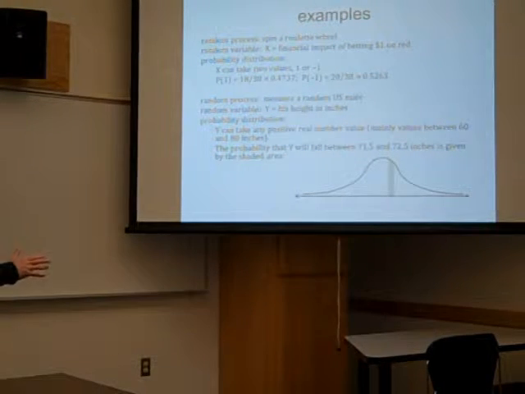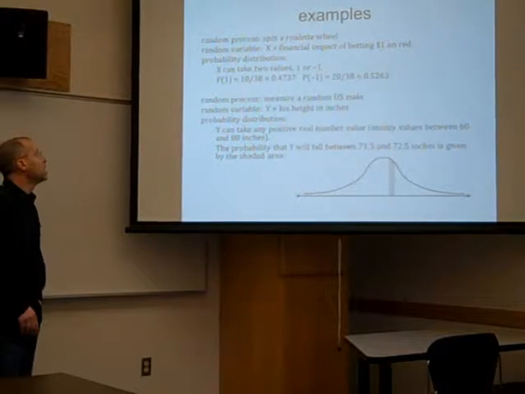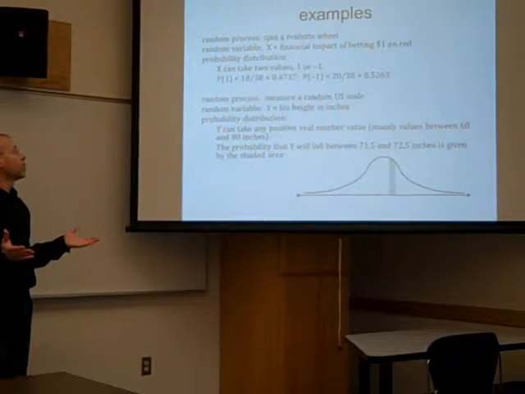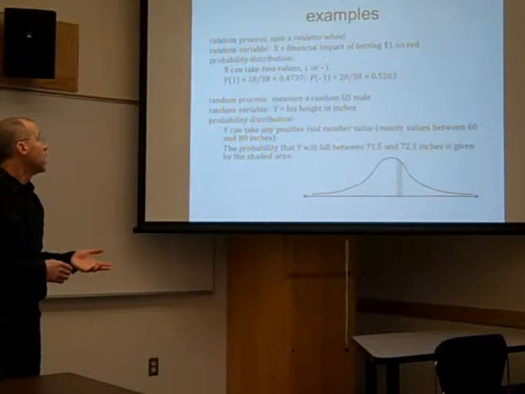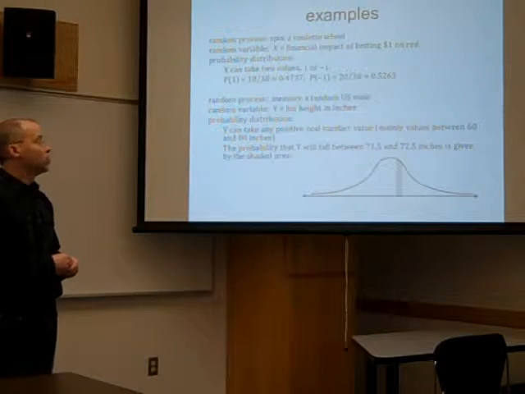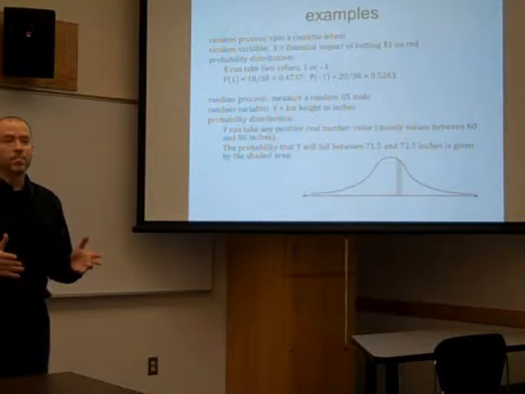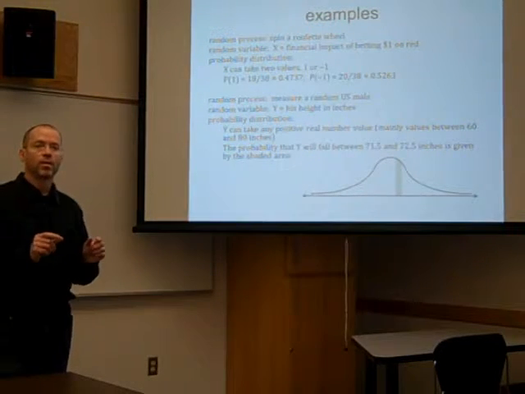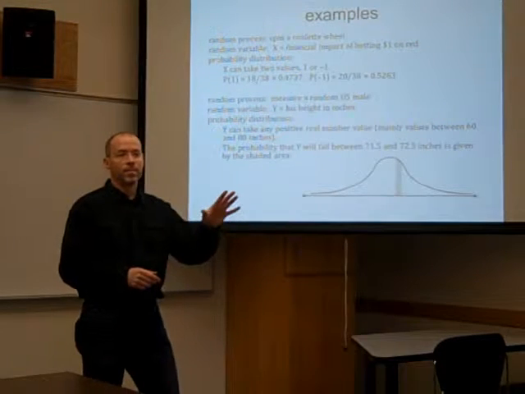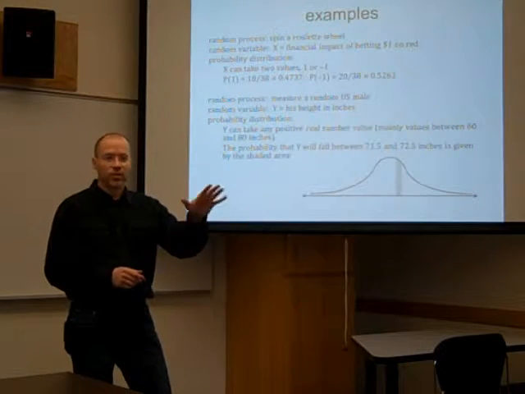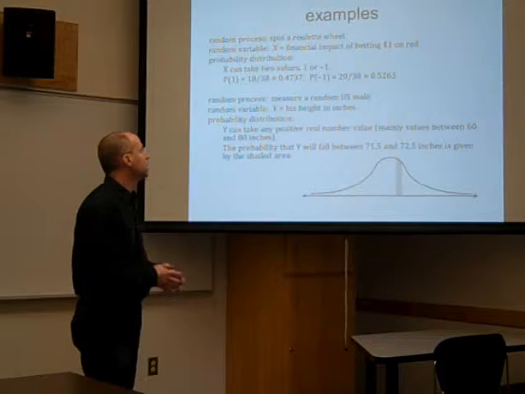So here are a couple of simple examples. The first one, you have the random process of spinning a roulette wheel at a casino. And those of you who are familiar with roulette will know you can bet on a specific outcome, or you can bet on maybe the ball landing in the red slots, or the black slots, or the green slots.